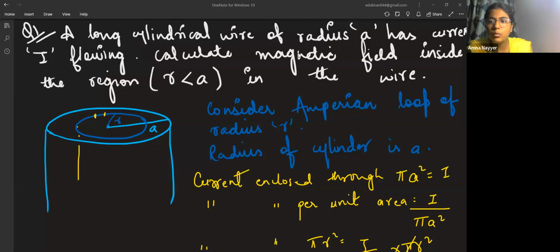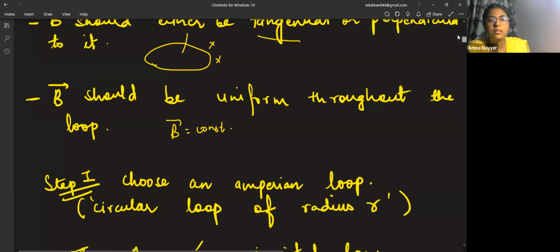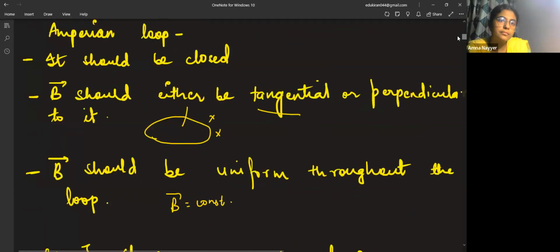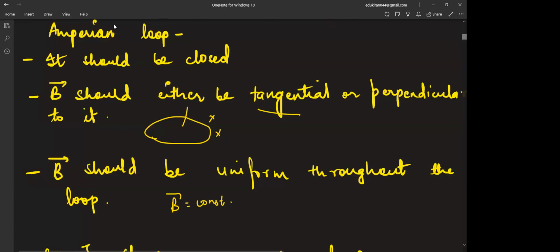From the Amperian loop, from here? From this question or the actual heading of Amperian loop? This part only? Heading, okay. Yes, sir.